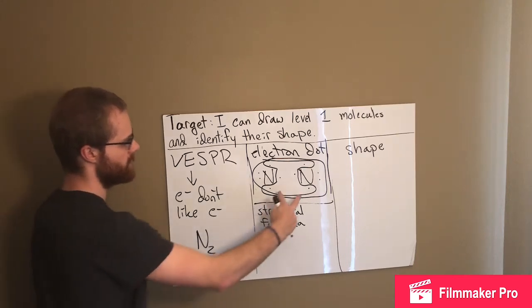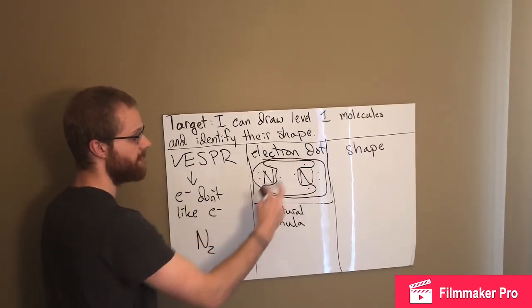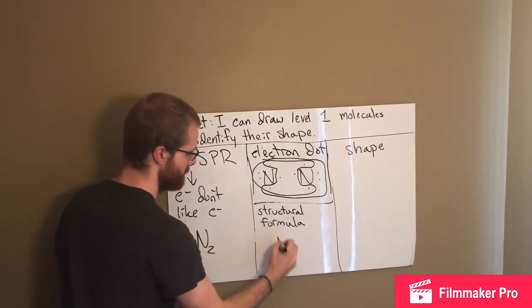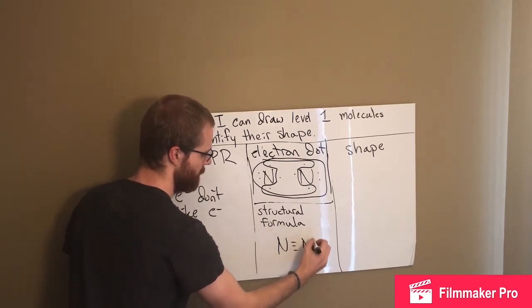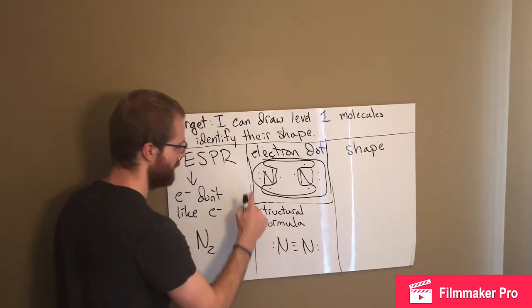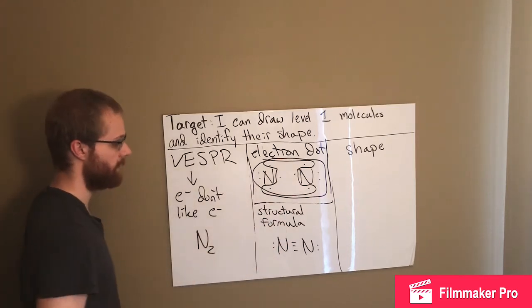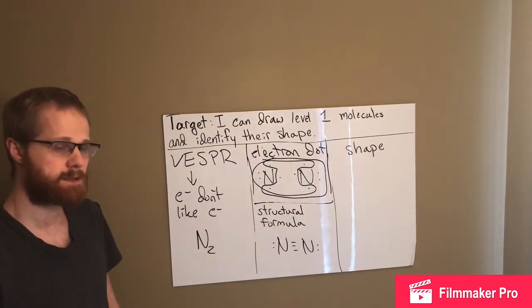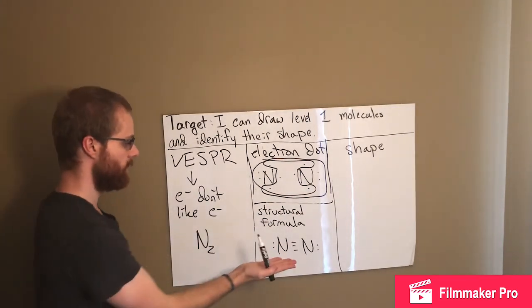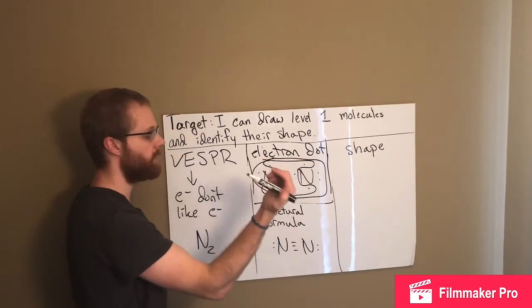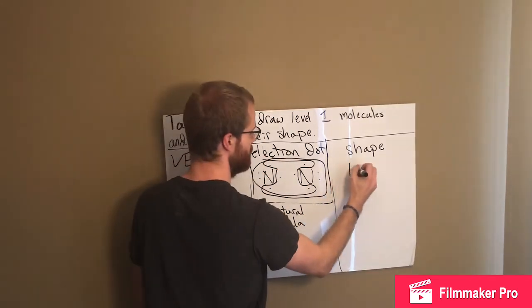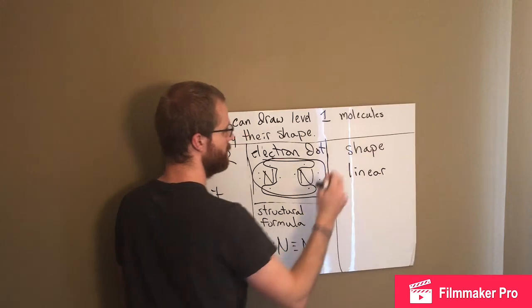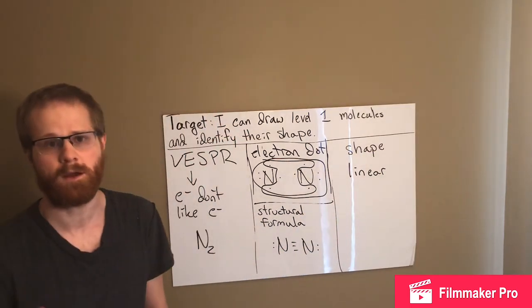When we do that, we can see we've created a triple bond because we're sharing 3 pairs of electrons. And we've got an unshared pair on both of the nitrogen atoms. And just like the carbon dioxide molecule, we can see that this has formed a perfectly straight line, so the shape is linear. In my next video, we'll be talking about another shape.